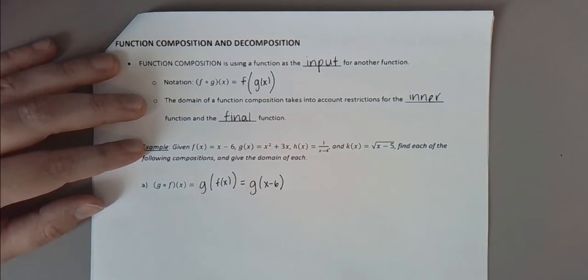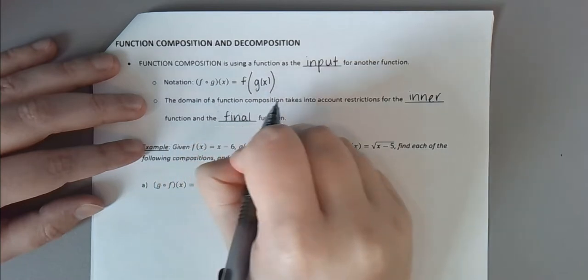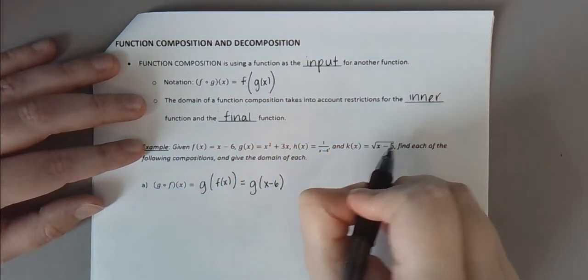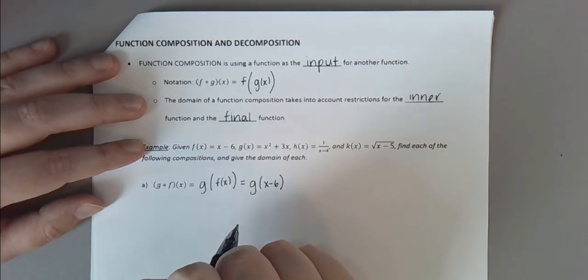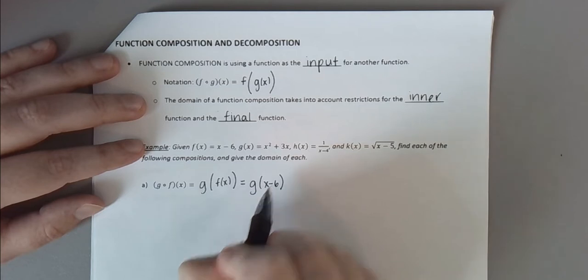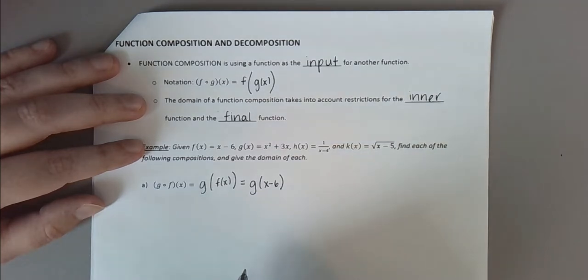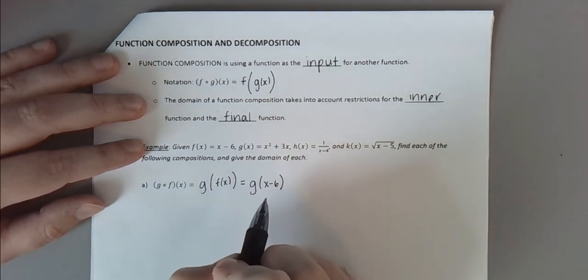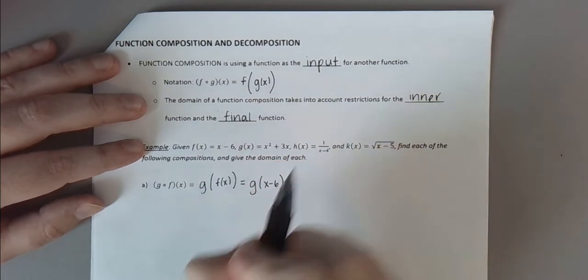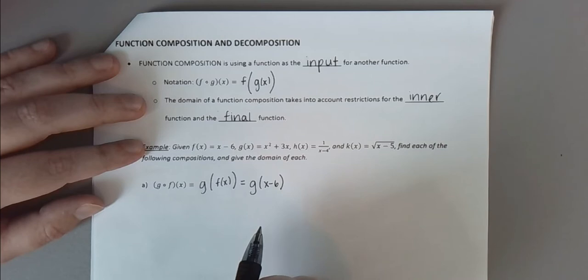Now this is a moment where we have to, again, think in terms of domain. As we compose, remember the domain is going to take into account issues with the inner function and then issues with the final function. So this is now the inner function. Do we have any domain restrictions in this case? Well, it's a linear function, so its domain is all real numbers, so we don't have any restrictions for this inner function.